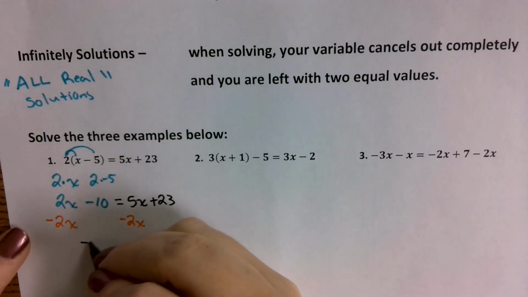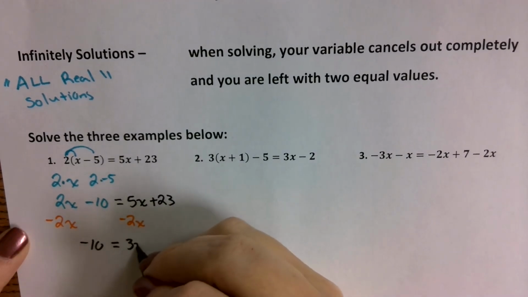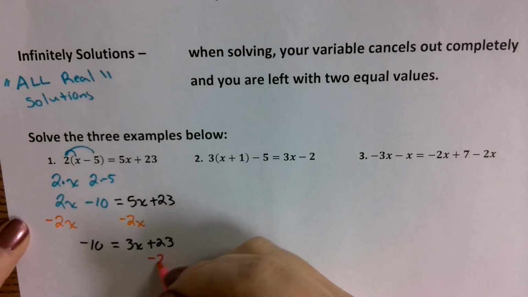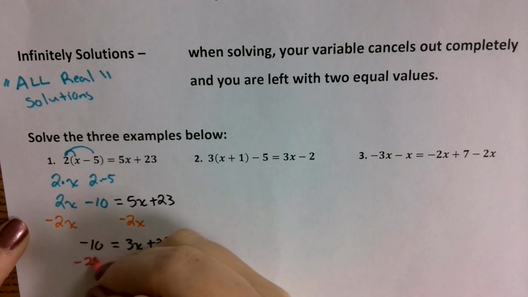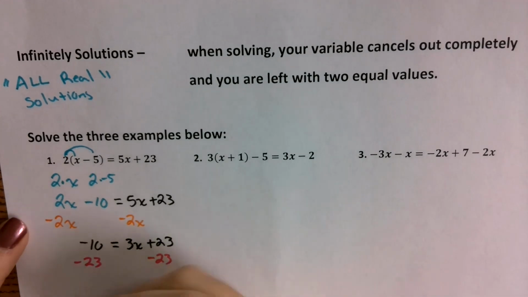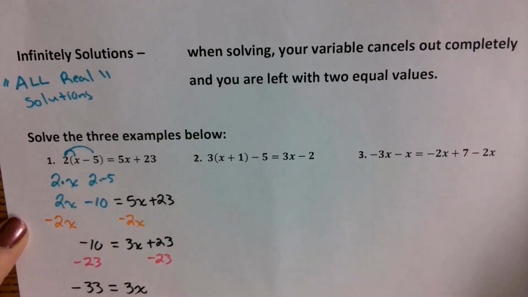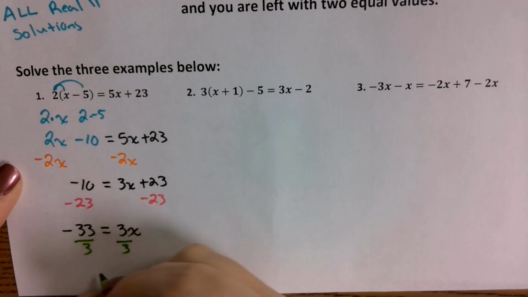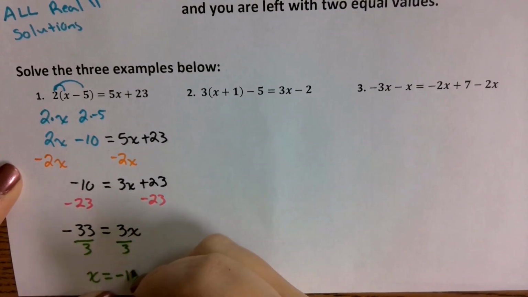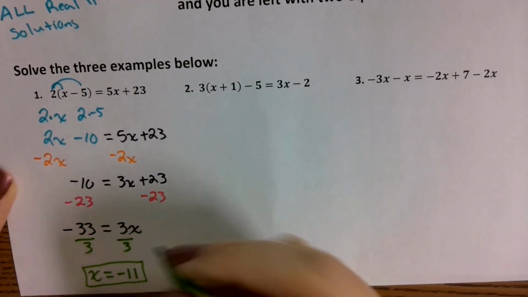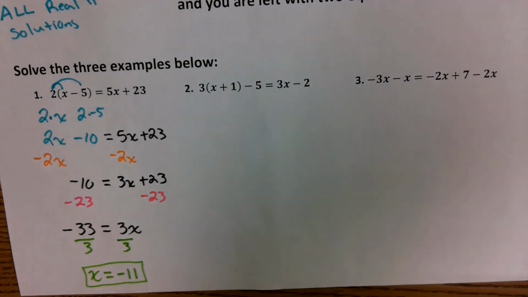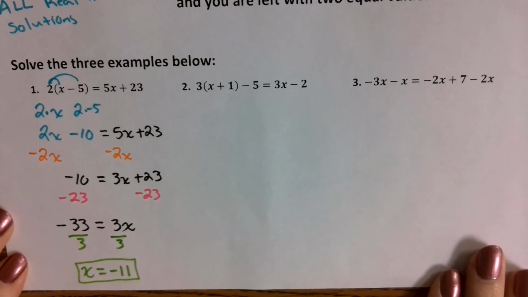That's going to leave you with a negative 10 is now equal to 3x plus 23. You would then subtract 23 from both sides. That's going to leave you with a negative 33 is equal to 3x. Your last step would be to divide both sides by 3, and you're going to get that x is equal to a negative 11. So that is one solution. Problem number 1 was a single solution problem where x was equal to a negative 11.